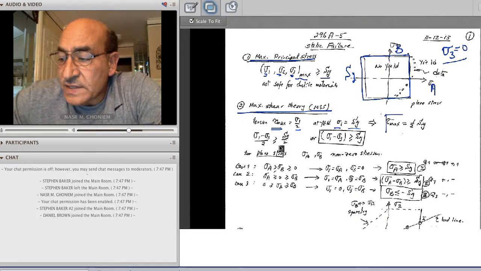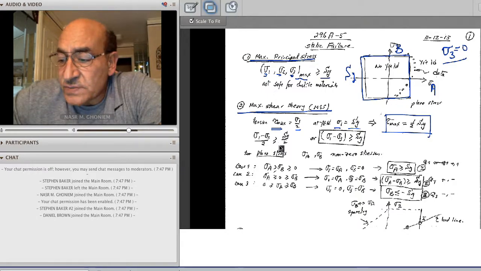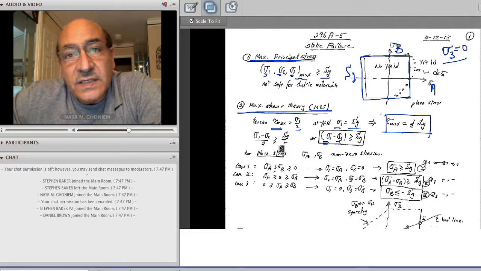Then we conclude that the maximum shear stress should not exceed half of the yield point, which translates to the difference between the maximum stress and the minimum stress being equal to the yield strength of the material.